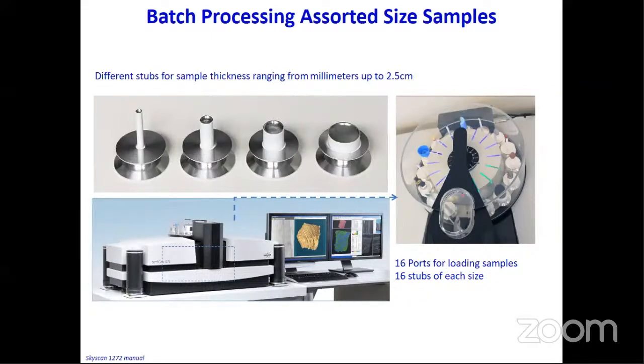It is going to load each stub sequentially and finish the entire scan without any user requirement in the facility. So all we have to do is just make sure that the scan settings provided by the user or the operator match the requirements of the sample.